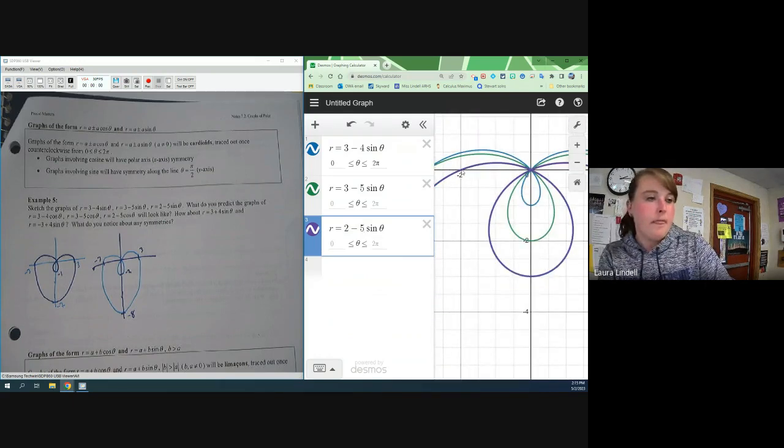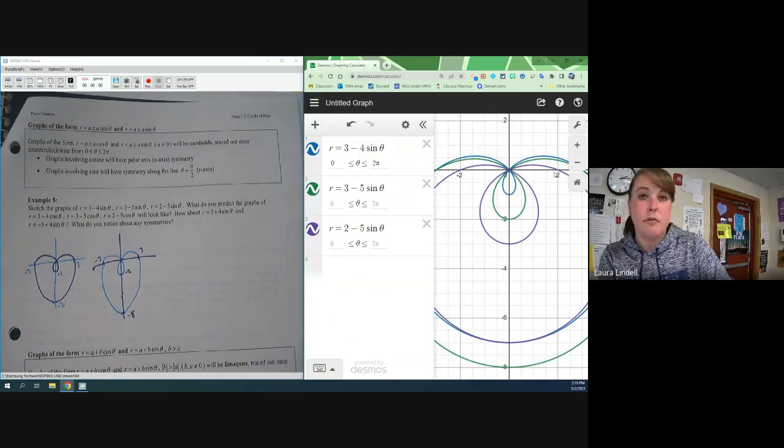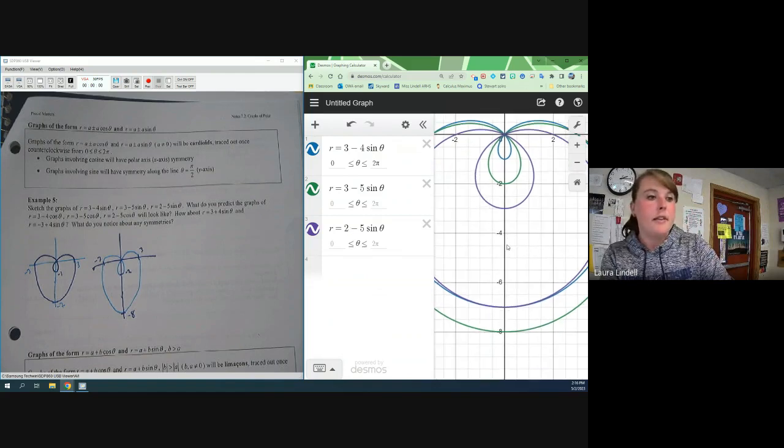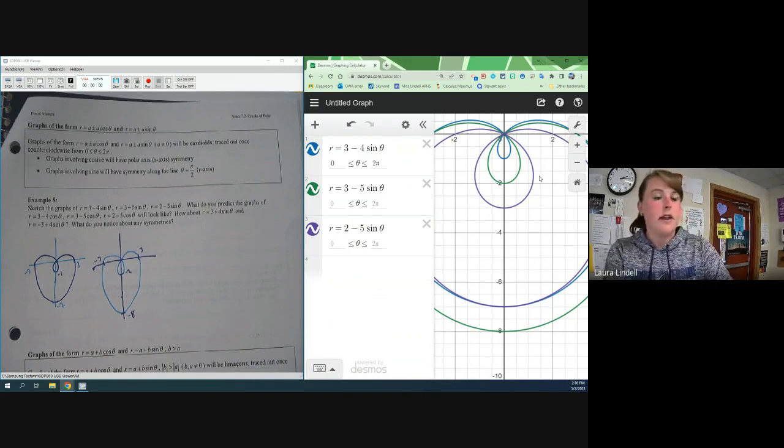This time, we cross here on the polar axis at -2 and +2, which hopefully is now something that we could kind of predict because this number is a 2. And we cross down here at -7, which tracks because 2 and 5 is 7. So yeah, we can kind of start seeing some of the things that impact our different polar graphs.